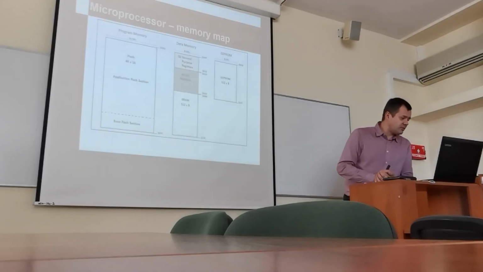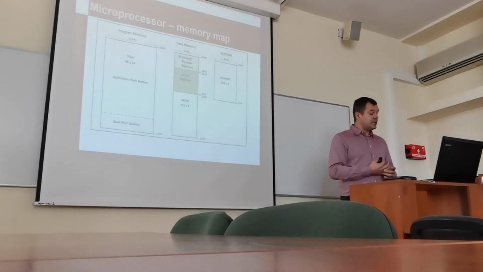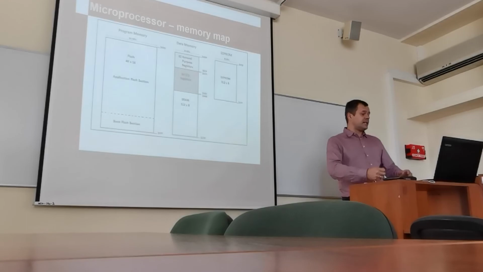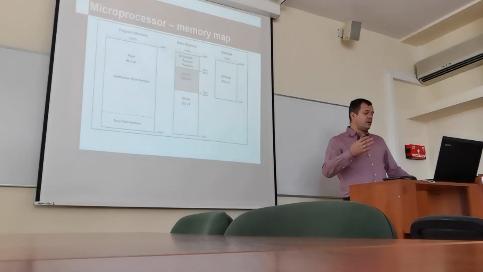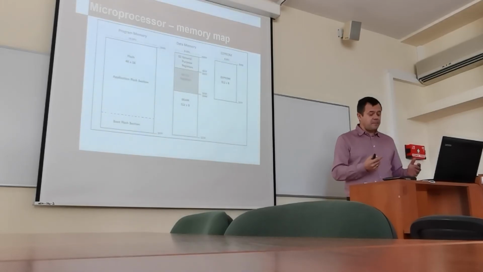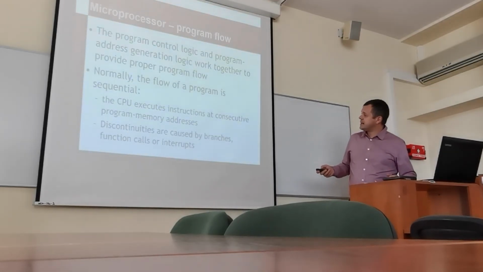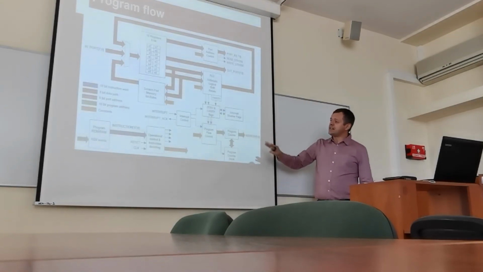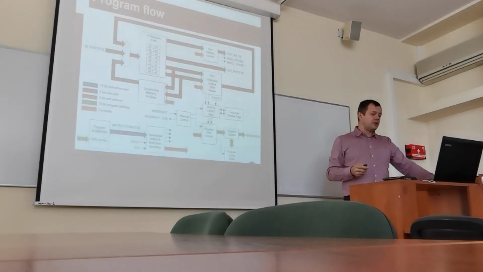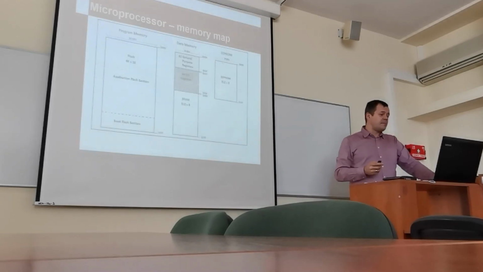And then we come to the last element today, if we talk about the program counter: we must also have the memory map itself. The structure of the processor itself defines for us an element which we call a memory map.